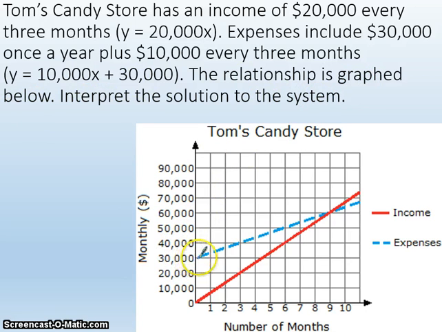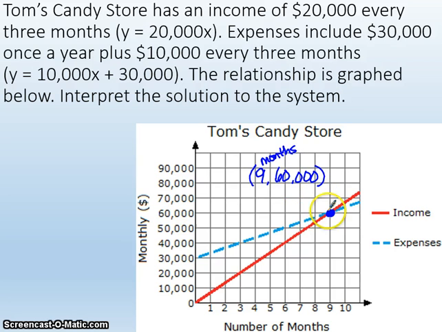So you can see that this is what it costs to keep Tom's Candy Store running, purchasing new candy, bills, etc. So you can see that right here is the solution to this system. This is (9, 60,000). So 9 is our x value, so that's 9 months.